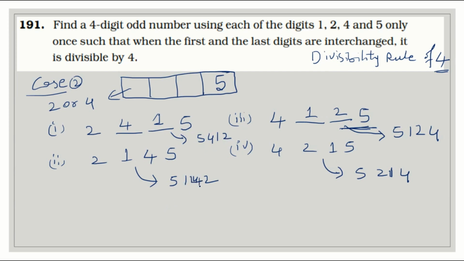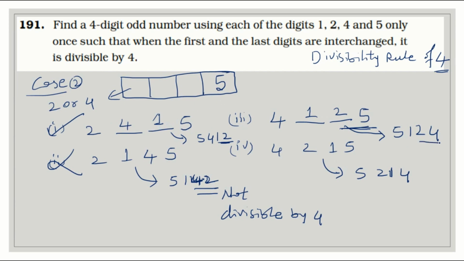Here these 2 digits are not divisible by 4, therefore this is not the right option. These 2 are divisible by 4, it can be one of the options.